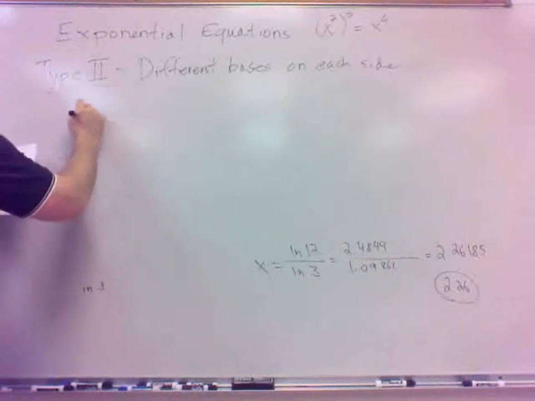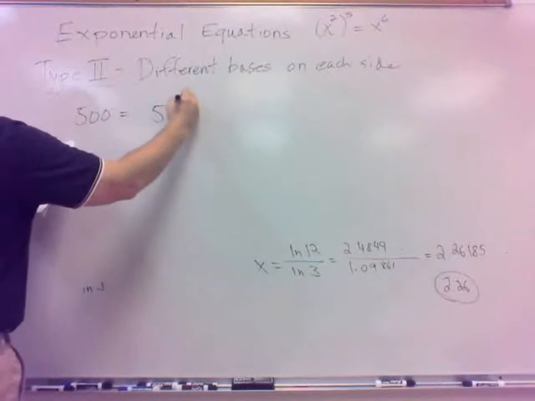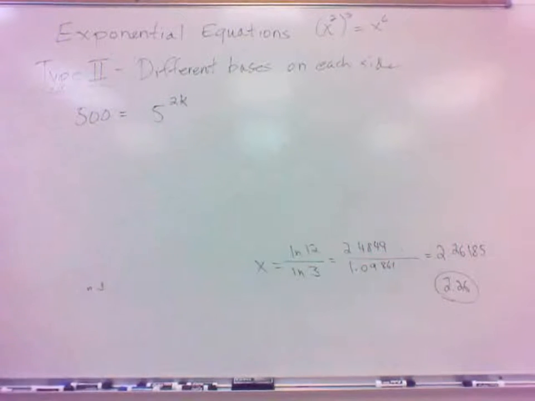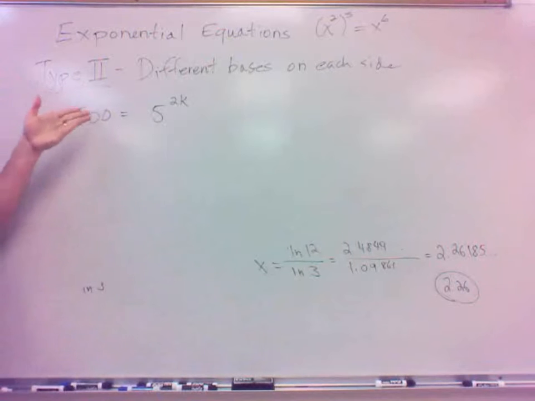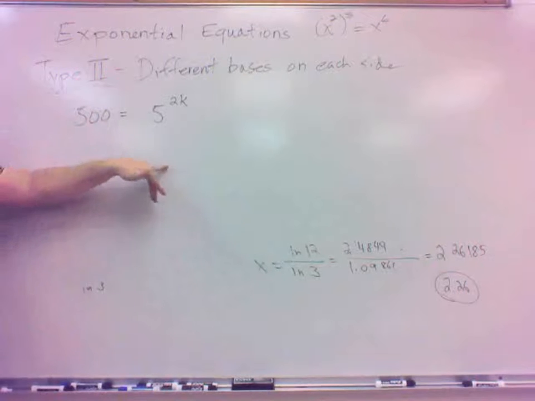All right. So let's say I've got 500 equals 5 to the 2k. That falls into this category just like the last one, because with 500, you're not going to be able to say that's 5 to a power, because 5 to the third is 125, 5 to the fourth is 625. So you skip over 500. I can't make this be base 5. So what do I do in that case? Take the ln of both sides.